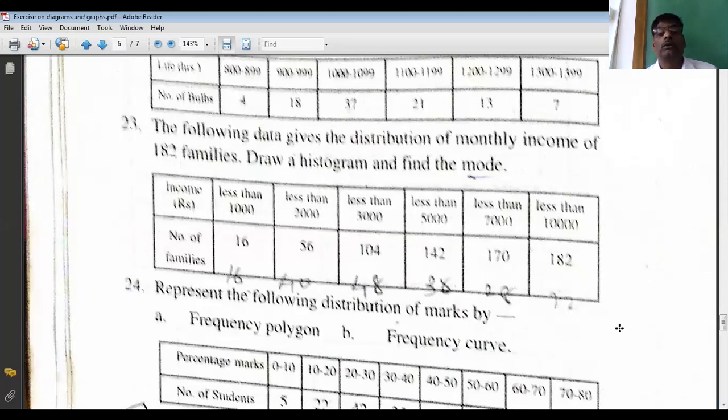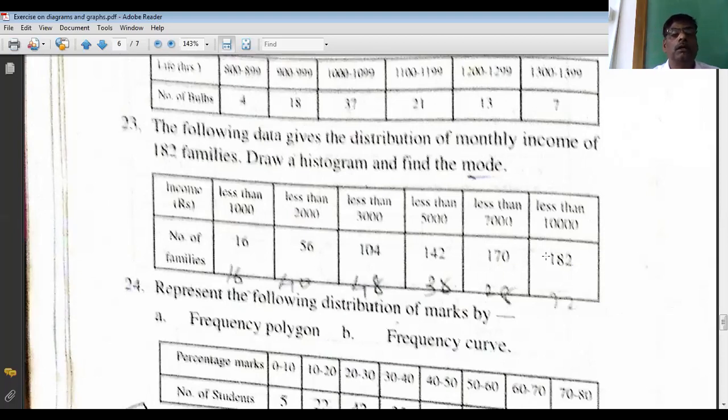You have to draw the histogram, then you have to modify this table. Income is less than 1000, less than 2000, less than 3000, less than 5000, less than 7000, less than 10,000. In this way, income is given. You have to modify the classes and solve the problem.